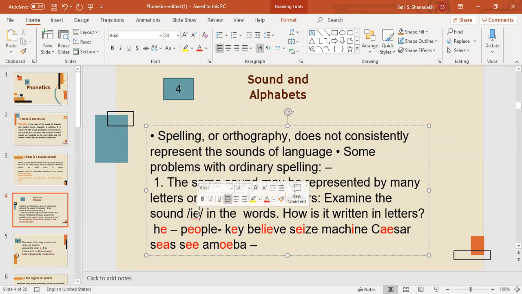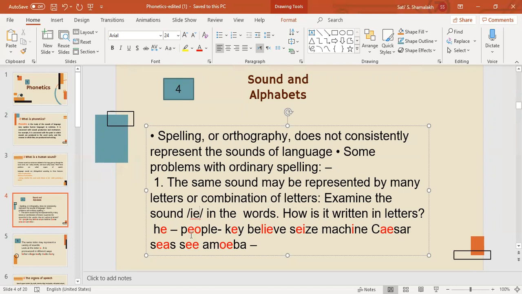This shape is E, you see it's one sound E. Now, look at these words. How is it written in letters? He, H, E, just only E. But look at people. P, the sound E.